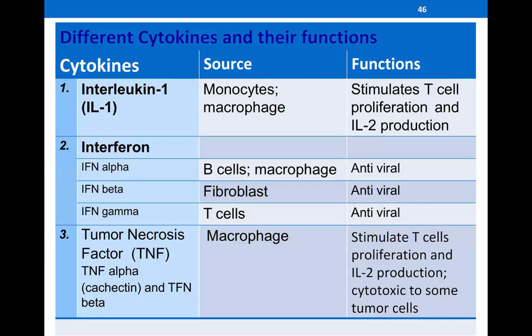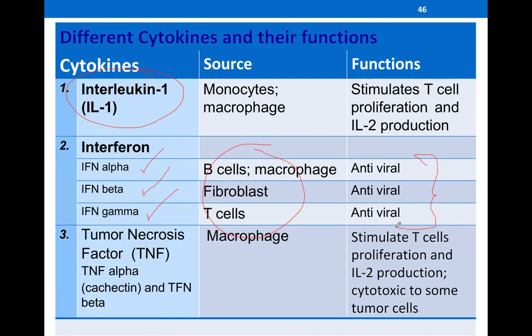Now, please take note of this table. We have interleukin-1, the source of which are your monocytes and macrophages, and their function is to stimulate your T cell proliferation and interleukin-2 production. Your interferons, such as your alpha, your beta, and your gamma, differentiate based on the source of these interferons, but they are all antiviral.